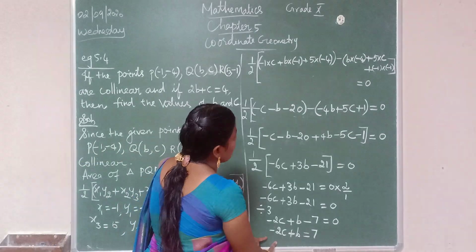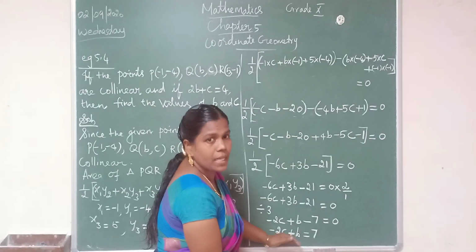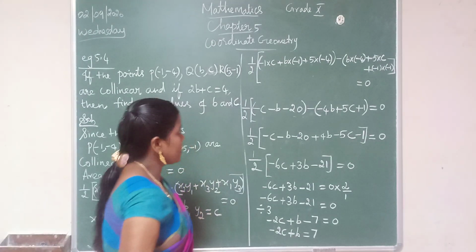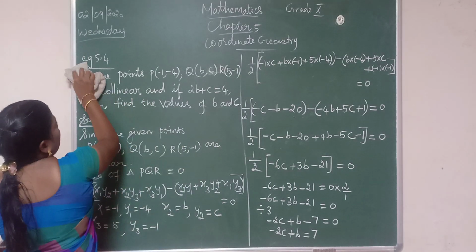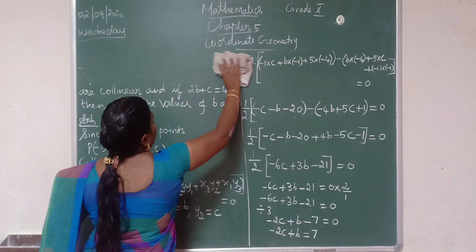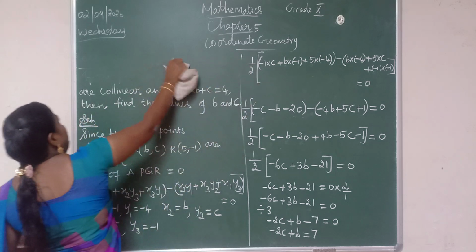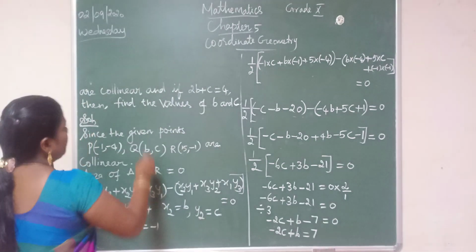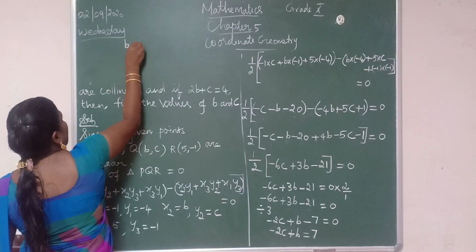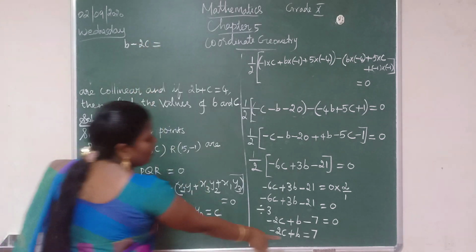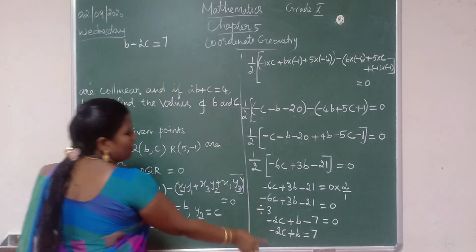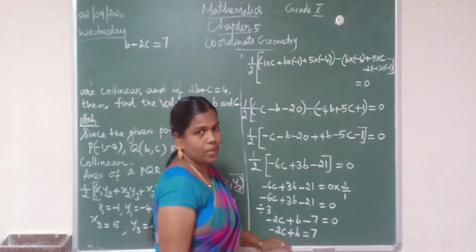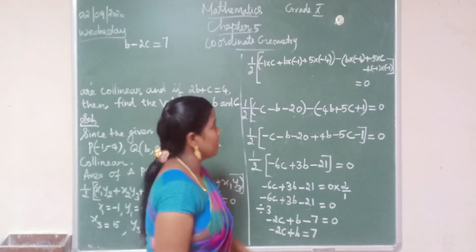Let's write this equation: minus 2c plus b is equal to 7, which is b minus 2c equal to 7. The same equation we have written orderly: first b term, then c term, equal to constant, like that.